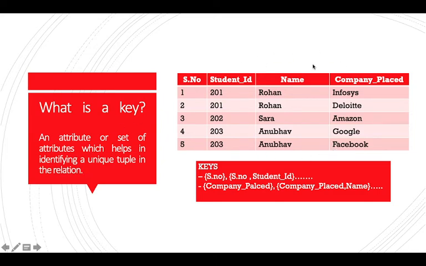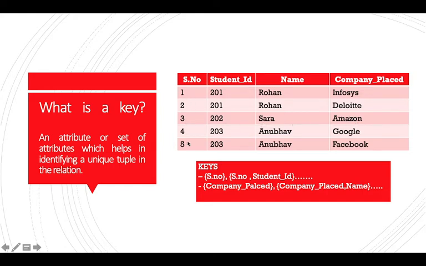Consider this table that we have, which has student number, student ID, then we have name and company placed, right? So if I want to fetch a unique tuple from here, what column, what attribute can I choose as my key? If you consider the student number, if I select student number as 3, I can easily fetch this unique record, right?